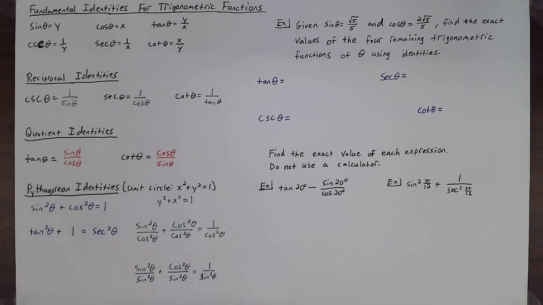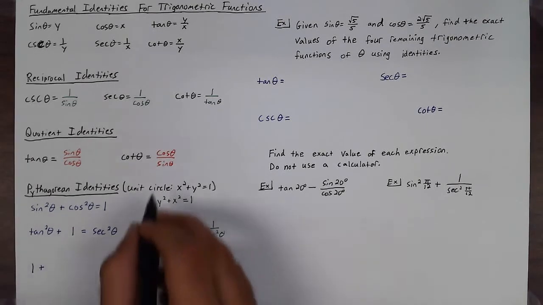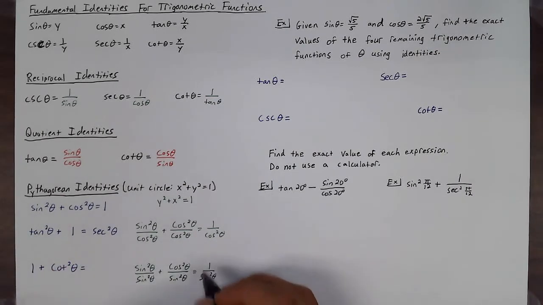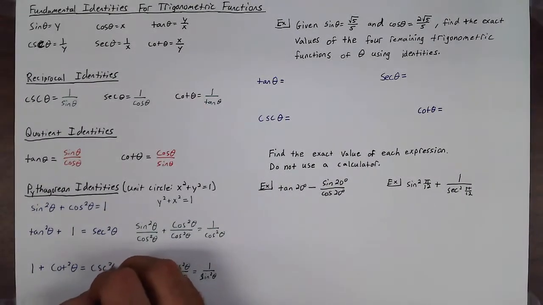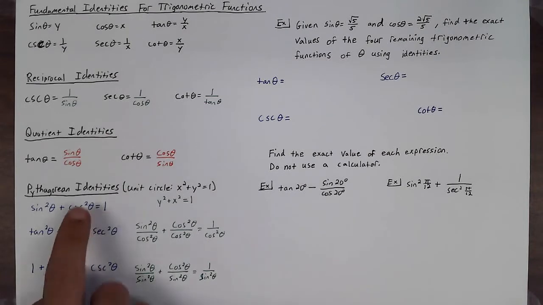Simplifying this, I end up getting 1 plus cosine over sine, which we learned in the previous identity is cotangent squared of theta, is equal to 1 over sine, which we learned from the reciprocal is cosecant squared of theta. So again, 3 Pythagorean identities for the price of 1. Now let's put these in action.